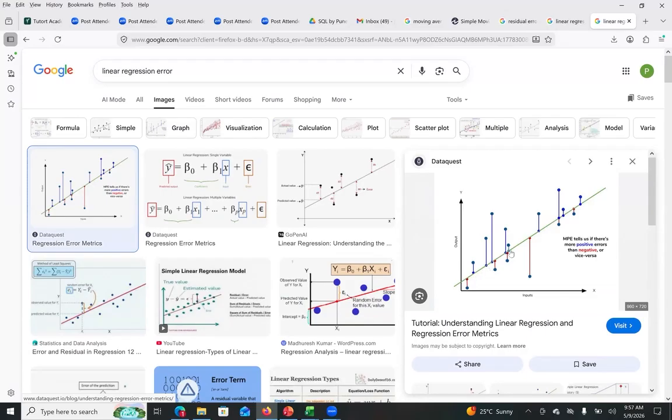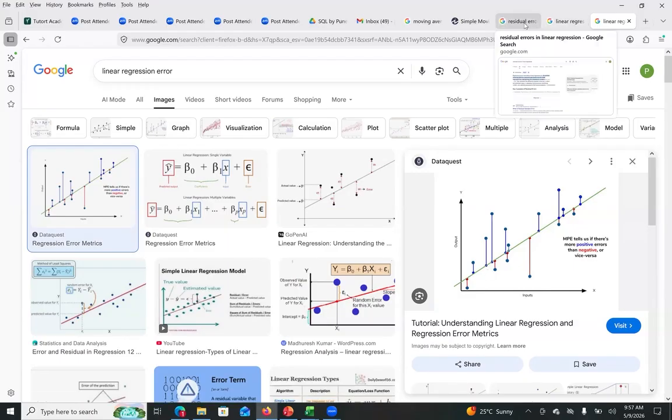The green line is the predicted line, and these dots, blue or dark green, whatever this is, are nothing but the actual values. So the difference between the actual value and the predicted value is nothing but error, right? What we can do is make a chart of errors as well. That is called a residual plot.